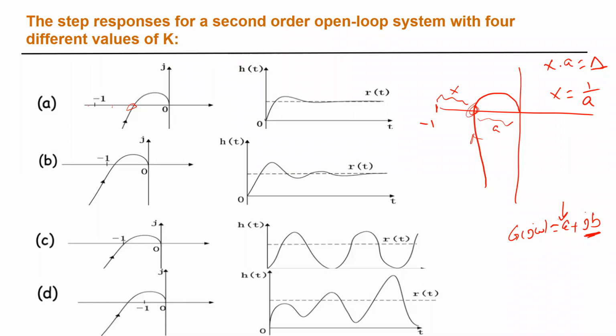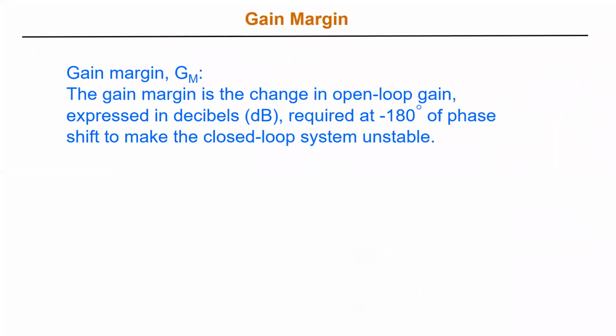This is what we call the gain margin. Let me define it precisely. The gain margin is the change in open loop gain, expressed in dB, required at -180 degrees of phase shift to make the closed loop system unstable. Because when I pass through the -1, even though the system is marginally stable, it is on the verge of stability.